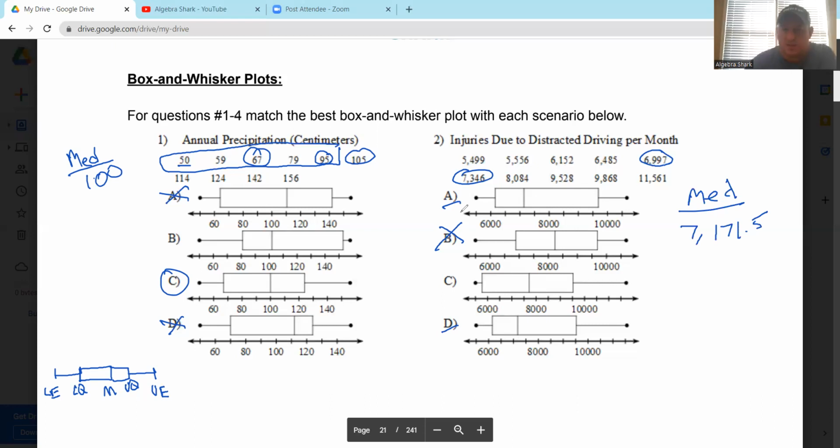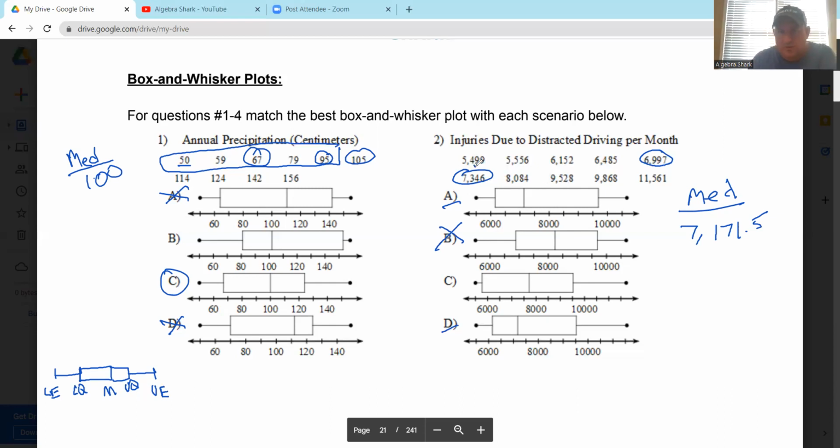All right. So let's look at the next thing. The lower quartiles look about the same for A and D. It's the upper quartiles that look different. All right, let's look at the upper quartile. Upper quartile's pretty close to 10,000.